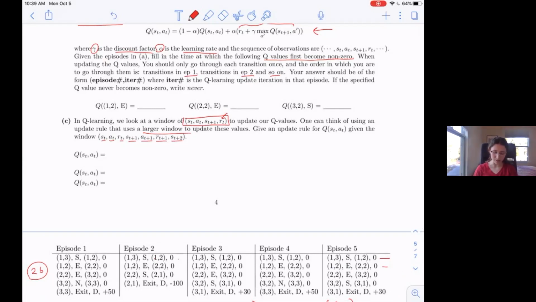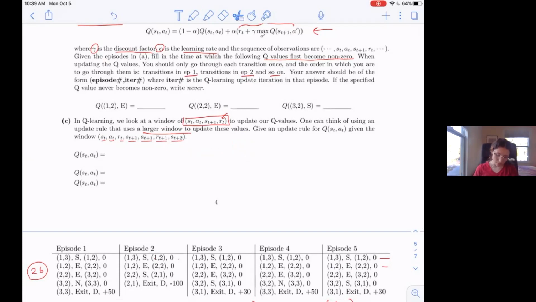So you get a sample that shows Pac-Man taking an action and then taking another action, versus in typical Q learning, where we would just see this window of actions and states. We want to give an update rule for Q(s,a) given this larger window.